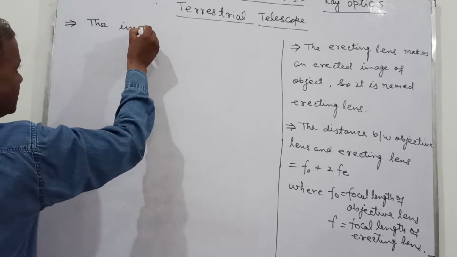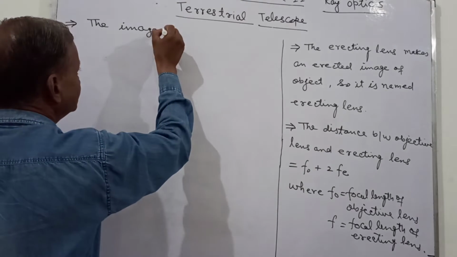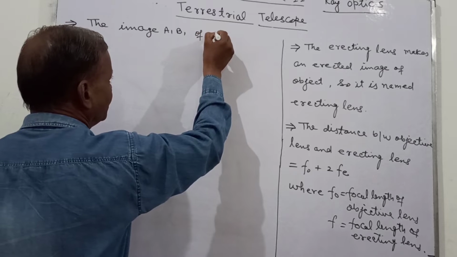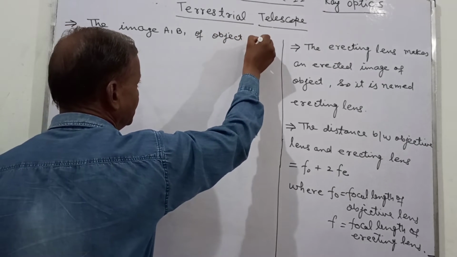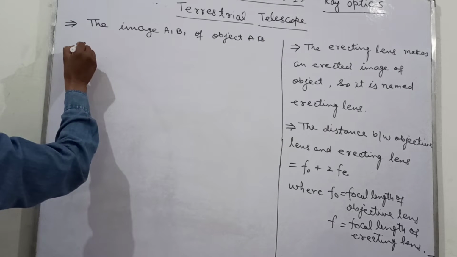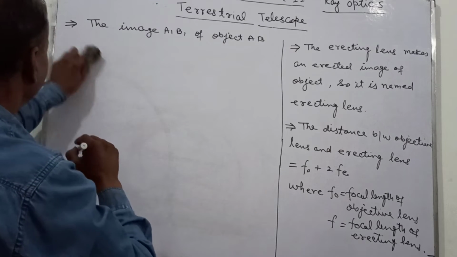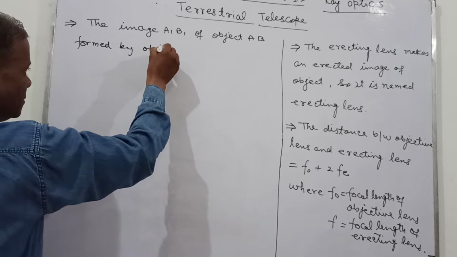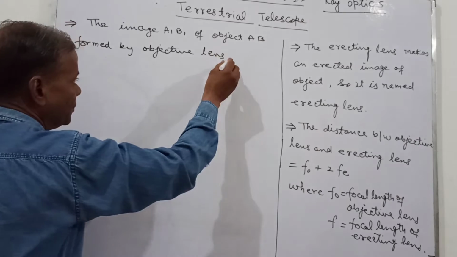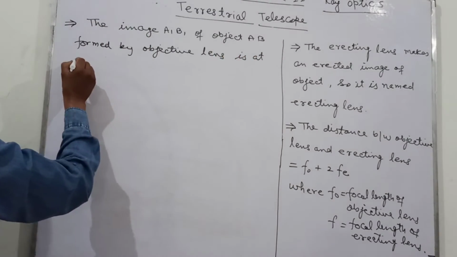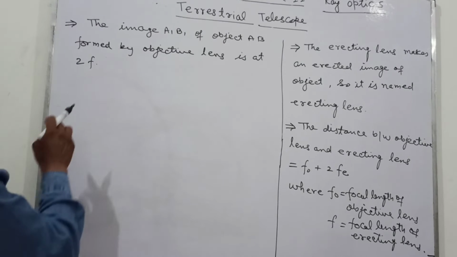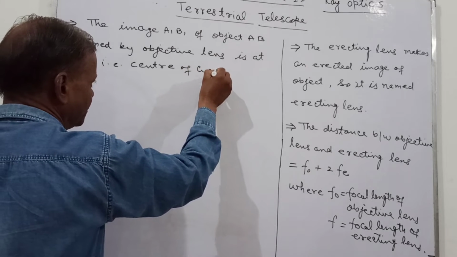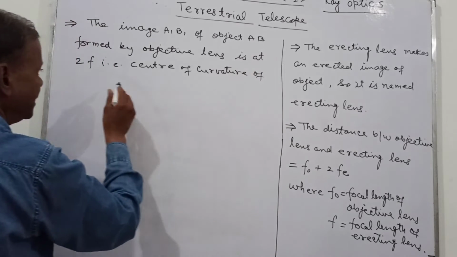The image A1 B1 of object AB formed by the objective lens is at 2f. 2f means the center of curvature of the erecting lens.